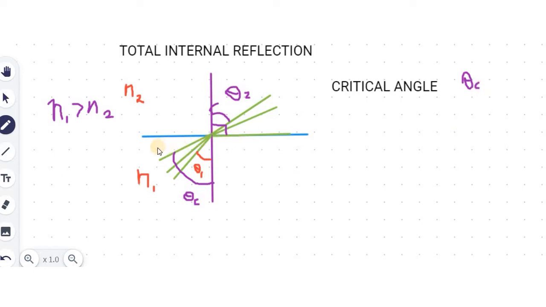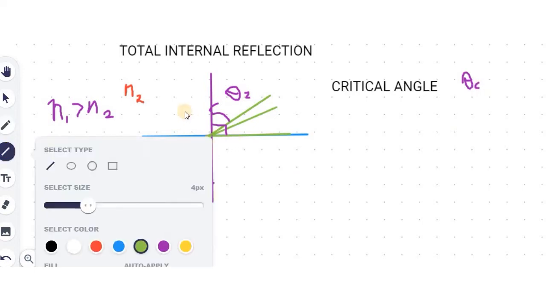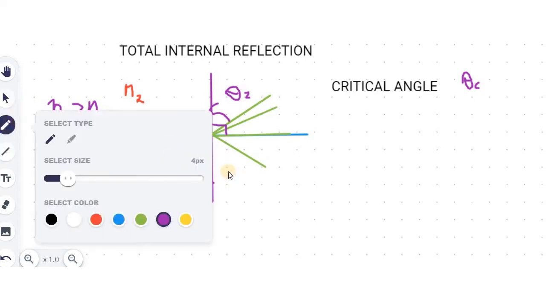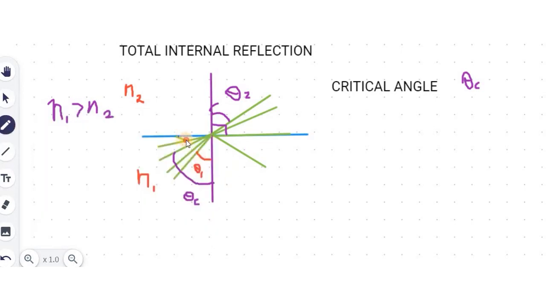And if I am increasing the angle above the critical angle, what happens? All rays will be reflected back. So normally my ray path will be like this way: this is the incident ray and this will be the reflected ray. This phenomenon is called total internal reflection, and this happens only if the angle of incidence is greater than the critical angle.